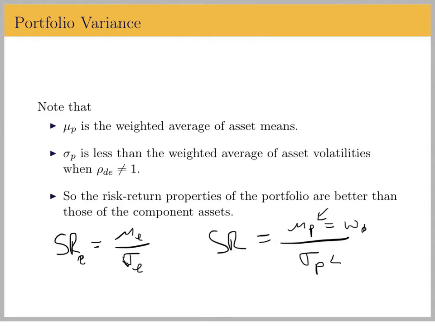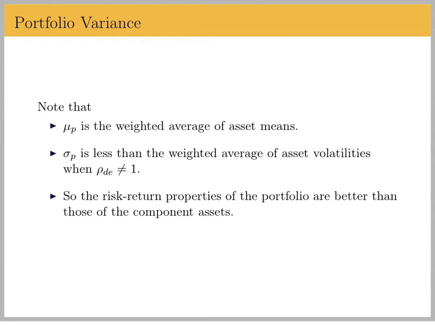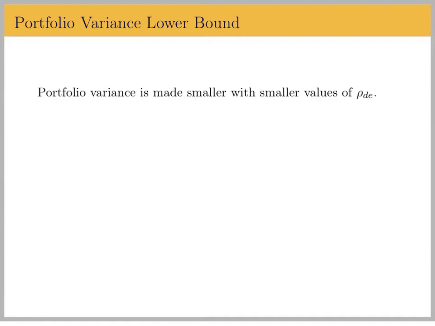So that's equal to the weighted average of mu D with mu E, over something less than the weighted average of sigma D plus sigma E. And so the Sharpe ratio of the portfolio, since the denominator goes down, the whole Sharpe ratio should be going up. The Sharpe ratio of the portfolio should in fact be higher than the Sharpe ratios of each of the assets. Now, as I noted before, portfolio variance is made smaller as we reduce the correlation.